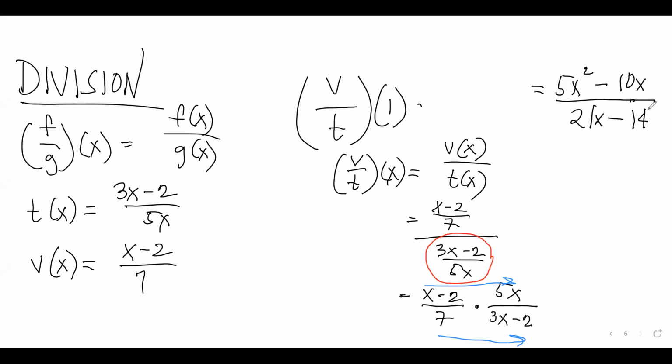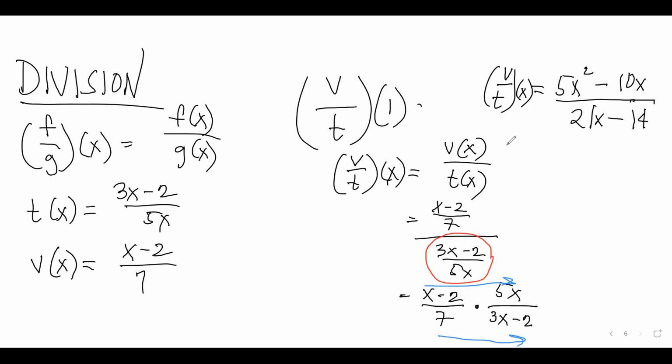Or may common factor ba sila? Pwede nating i-divide yung numerator and denominator into 2. Tama? Hindi pwede. Kasi yung 5 nga ay hindi even number. So, kung hindi na siya pwede i-simplify, ito na class ang answer. We have 5x squared minus 10x over 21x minus 14.